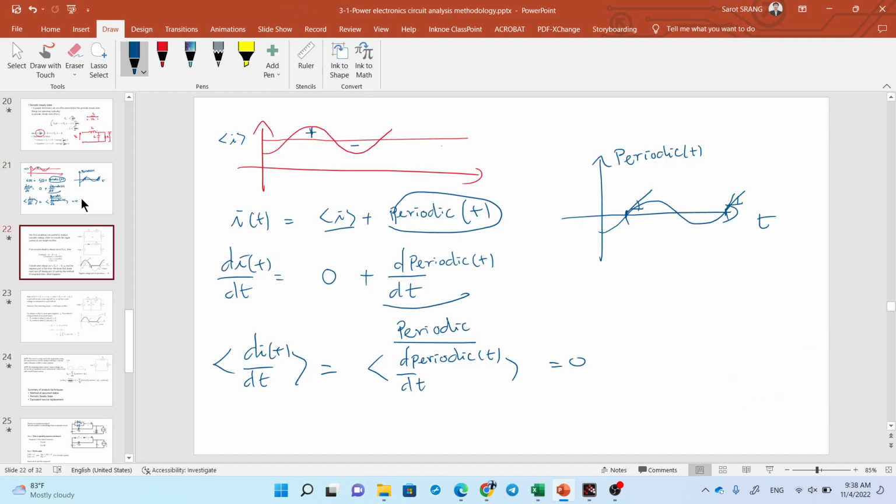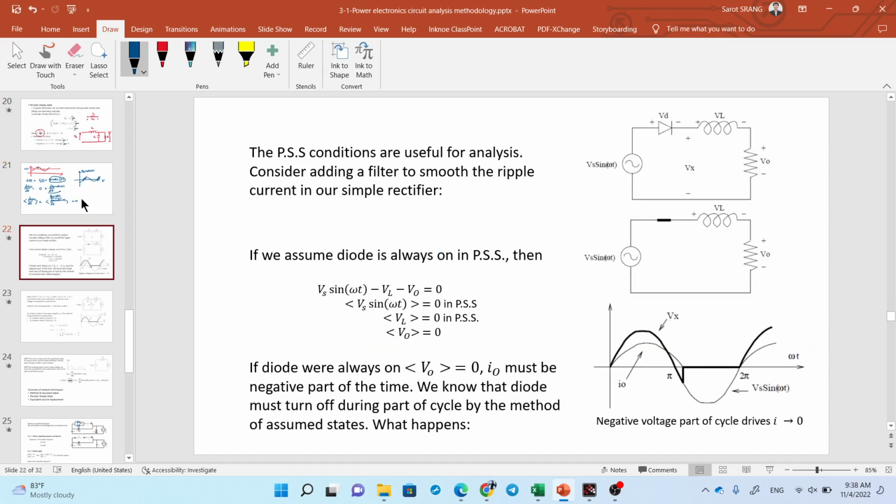And then, from this fact, we can do some analysis for the circuit. Suppose we have a circuit like this. We have a diode, an inductor and a resistor. We don't have a capacitor, so we just ignore it. Then we analyze using periodic steady state.